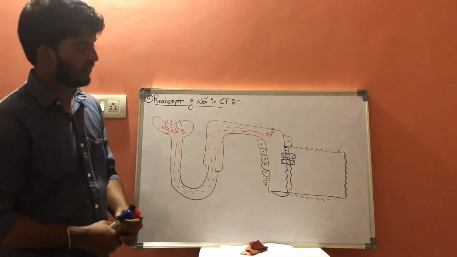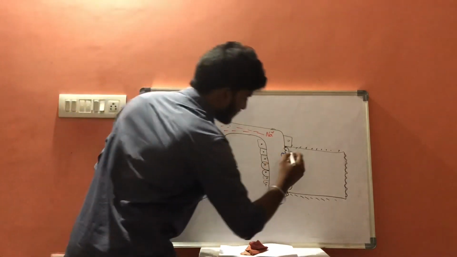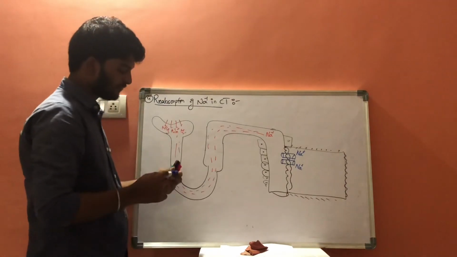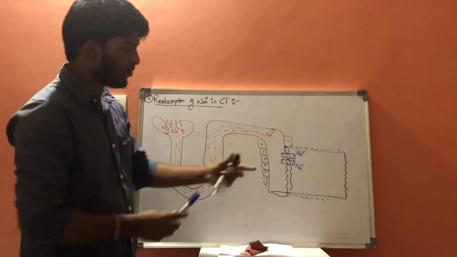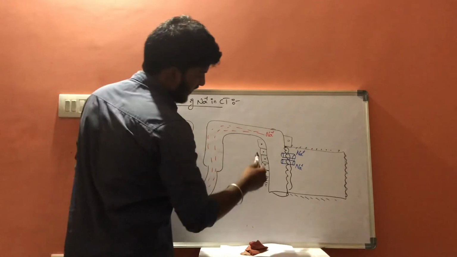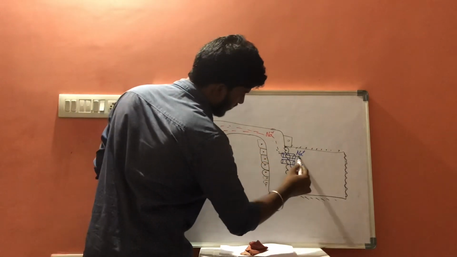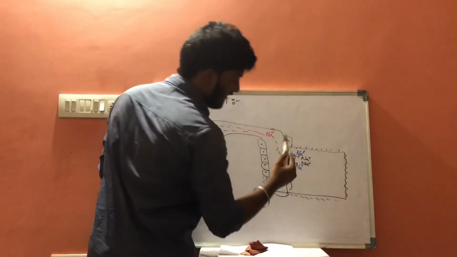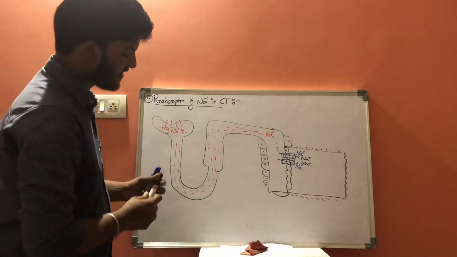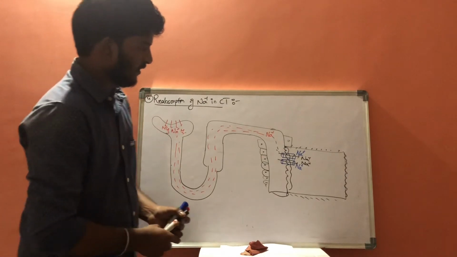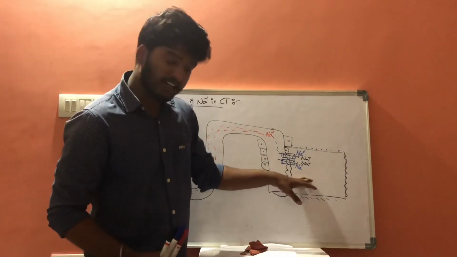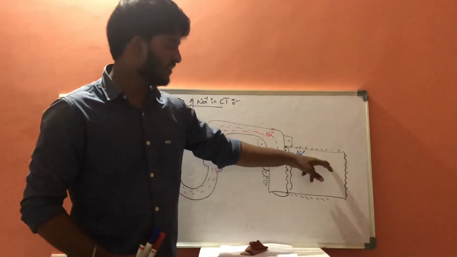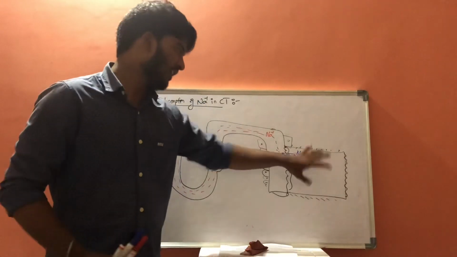Whatever sodium enters the collecting duct will reach these sodium channels, and from these channels it will enter the cytoplasm of this epithelial cell of the collecting tubule.